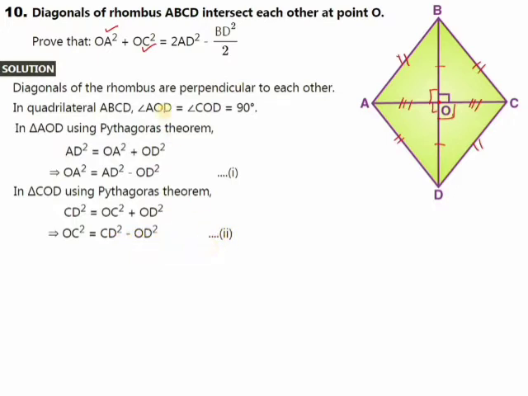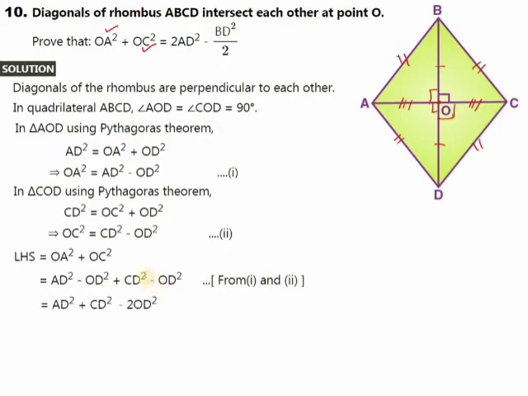Now we need to add equation 1 and 2. When you add, in the left hand side you have OA square plus OC square, and on the right hand side AD square minus OD square plus CD square minus OD square. Now, OD square minus OD square gives you minus 2 OD square, isn't it?